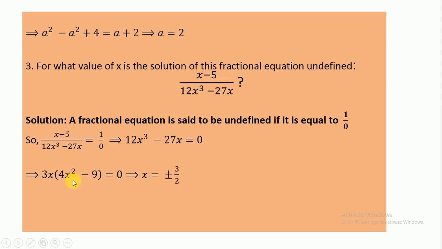And if you are considering the case whereby 4x squared minus 9 equals 0, you will have the solution x equal to plus or minus 3 over 2. So you can check for the positive 3 over 2 and for the negative 3 over 2 to show you that this given will be undefined, meaning that you have it to be 1 over 0.